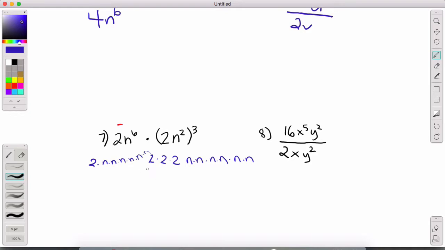That's a lot of n's, and I'm being really messy with that. I'm going to recombine that. I'm going to put all my 2's first, and now I'm going to put all of my n's. There's my 6 from here, and now I have these 6.